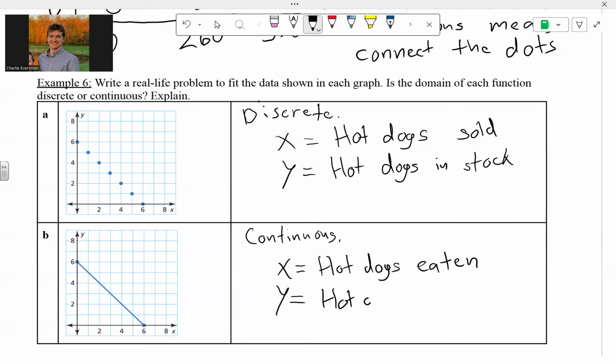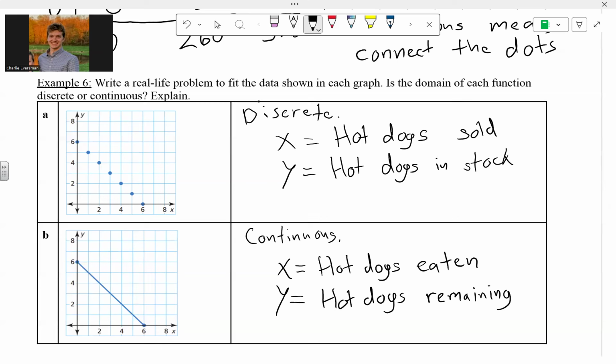Say I bought six of them. I'm that person in the first example that bought six hot dogs. Then I eat them one by one, and as I'm eating them, the amount is going down. That's fine. Some people maybe even said X is gallons of gasoline used, and Y is gallons of gasoline left in the tank.